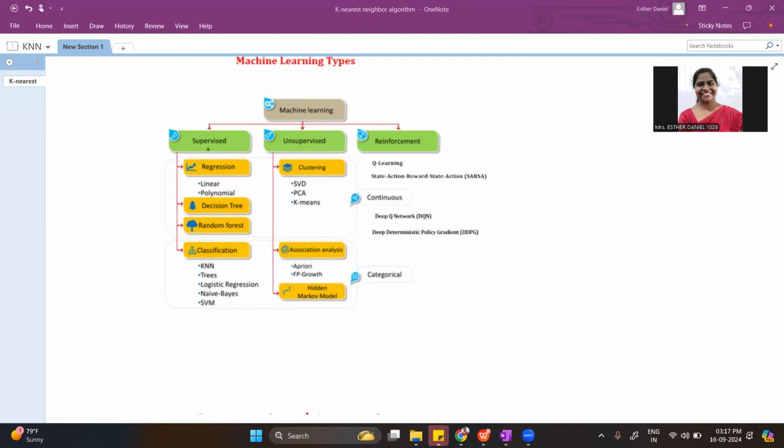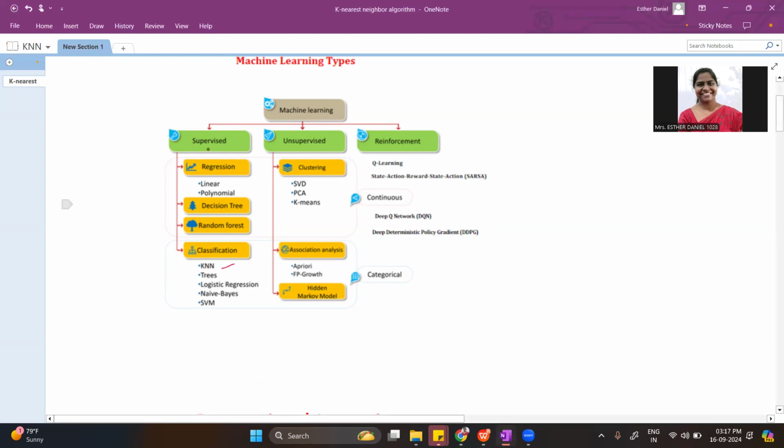And in the labeled data, for numerical data, we have regression, and for classification, when will we go for classification? For categorical type of data, in which logistic regression also comes under classification, because we have seen that logistic regression will give yes or no values as an output.